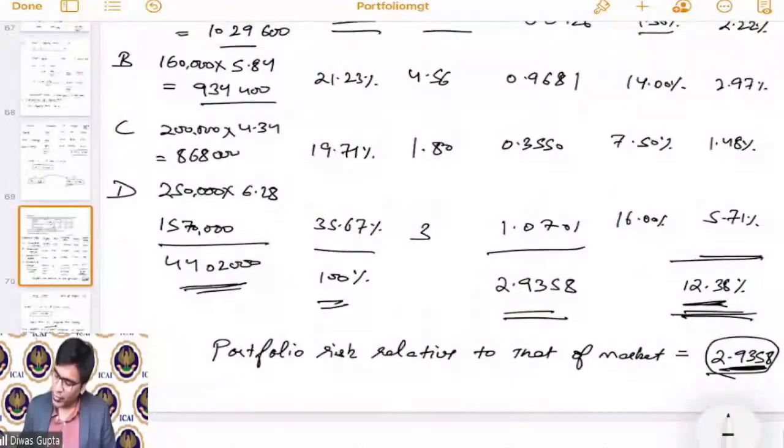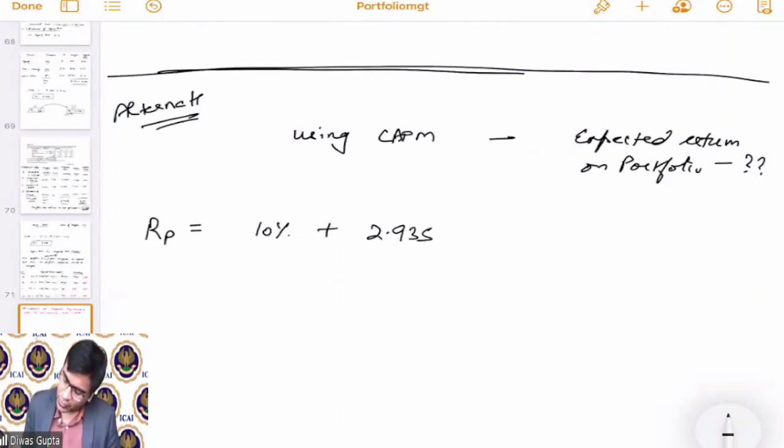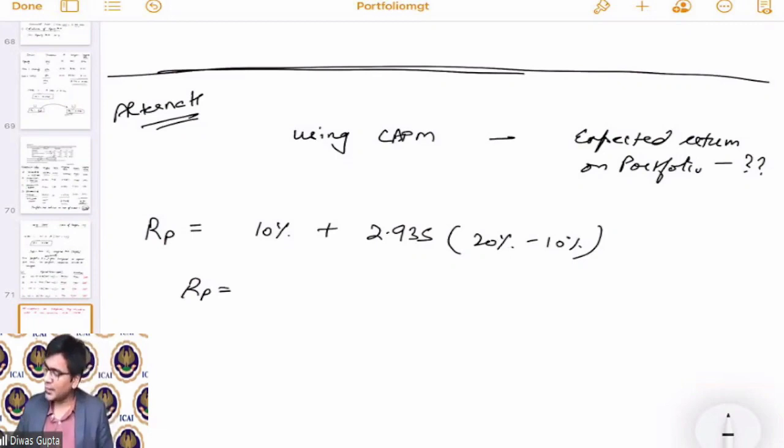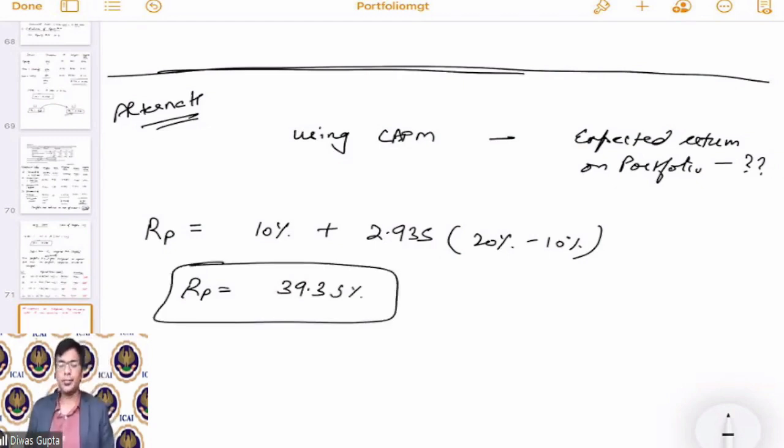Beta of portfolio is computed as 2.9358. So here we are saying that for 2.9358, 20% minus 10% is the risk premium. What should be the return on a portfolio? So this comes as 10 multiplied by 2.935 plus 10. So 39.35 is the expectation in terms of return of a portfolio.